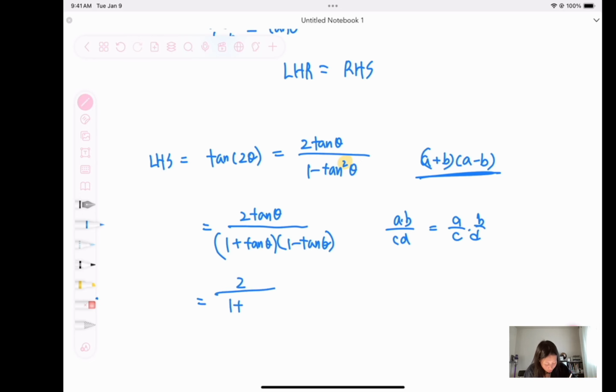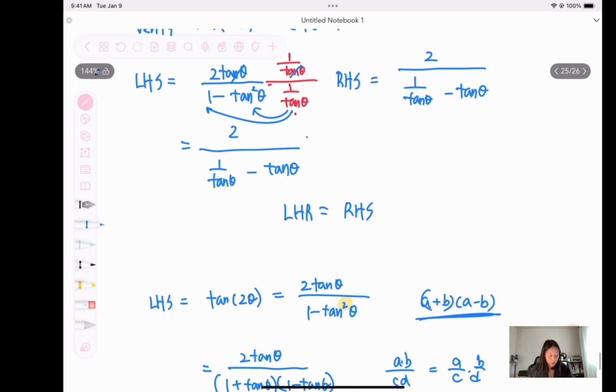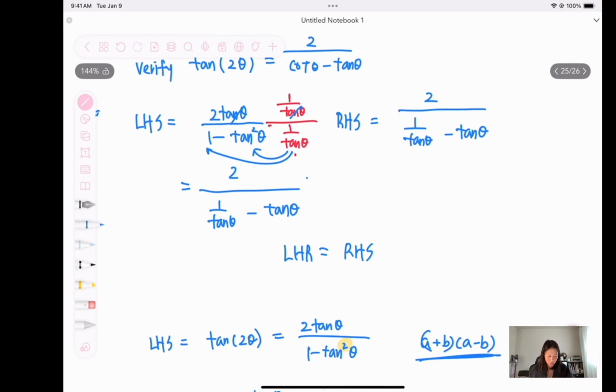Okay, so it still looks complicated. Don't worry, that's how I process the problem. I just keep working on it. Again, look at what our goal is. Our goal is to get a 2 over, 1 over tangent minus tangent theta. I got the minus, I got 2, I got 1. I need a cotangent.